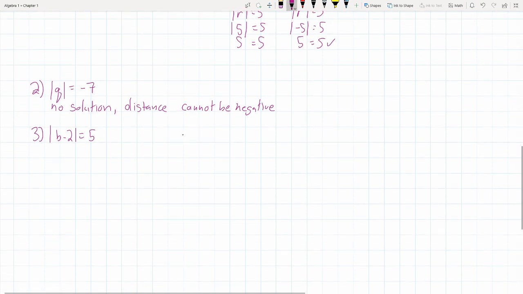The first check is: is it isolated? When I say isolated, I mean, is there anything outside of the absolute value on the same side as the absolute value? In this case, there isn't. The next thing I ask is, is the number that I'm equaling positive or 0? And in this case, it's yes.